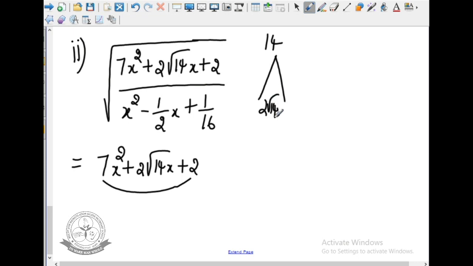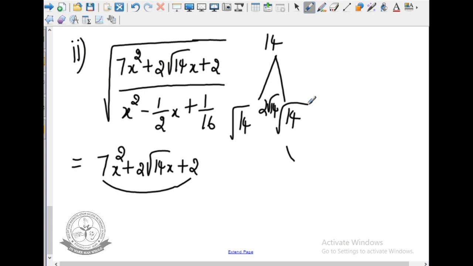How can we write? Multiplication term is plus 14, additional term is 2 root 14. So 14 into 14. If I multiply these two, I will get plus 14, I add these two, I will get 2 root 14, right.